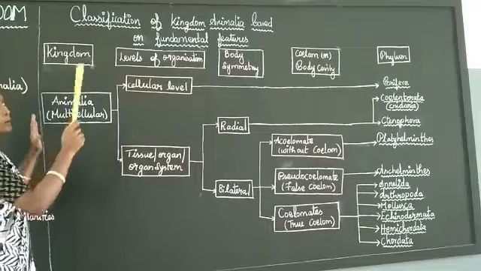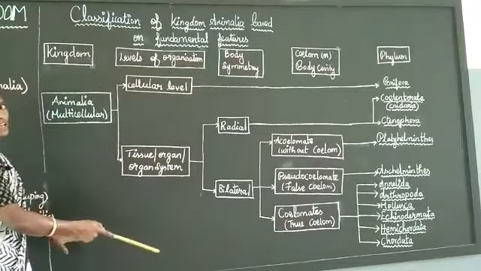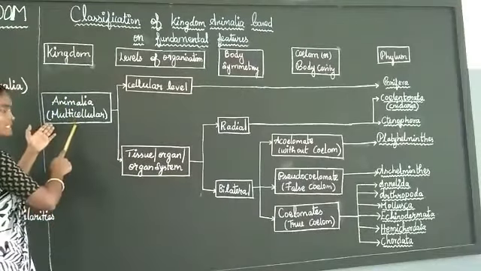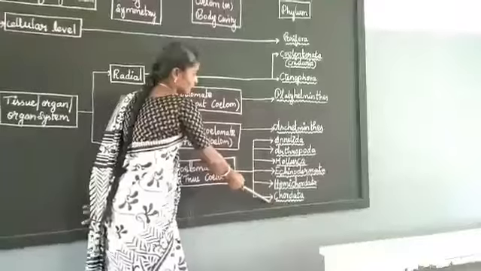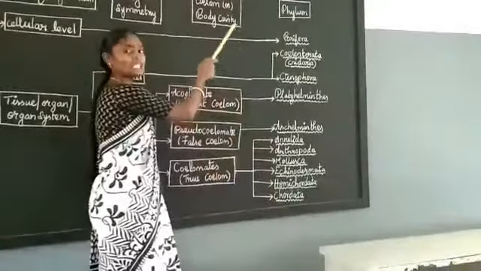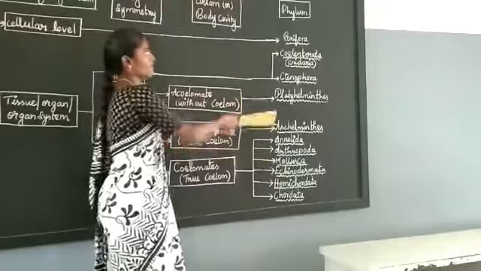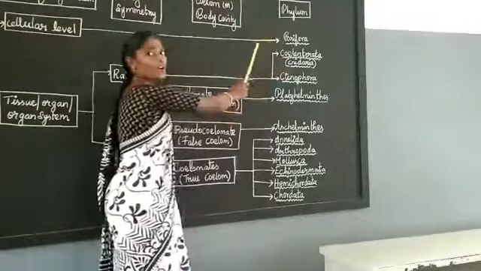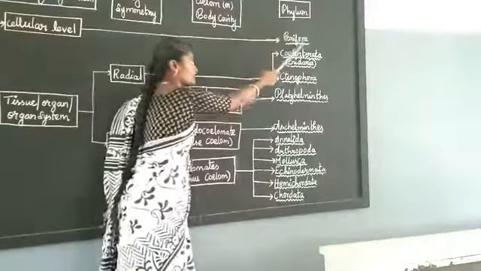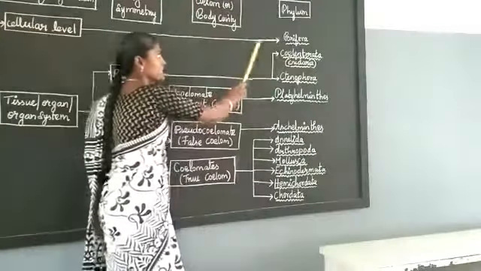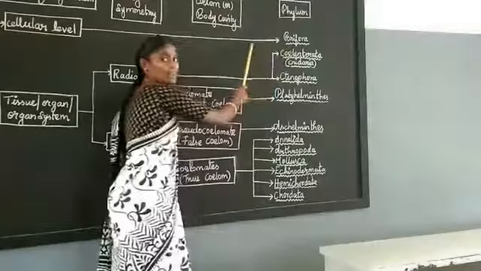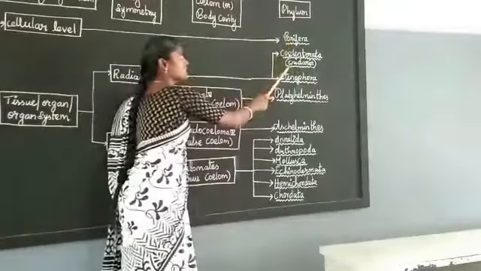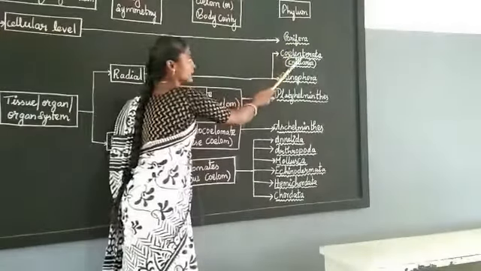Okay, now we are going to see what all the 11 phyla included in this kingdom Animalia are. We are going to see each and every phylum in detail. First phylum, Porifera. Phylum Porifera. Phylum Coelenterata, also called Cnidaria.